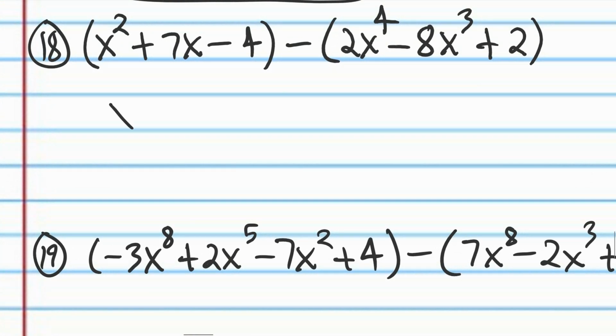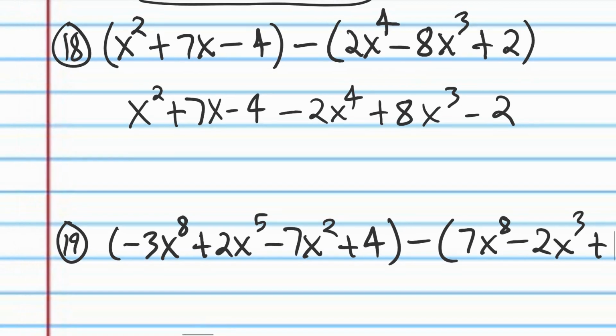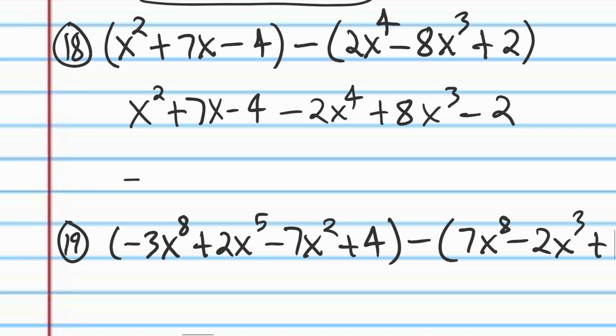All right, we're back. Whoops, that should be a minus 2x to the fourth. And combine like terms. And remember, you always have to write, I didn't mention that, you always have to write in descending order of the powers. Well, I think you probably figured that out on your own, but I should mention that more clearly.